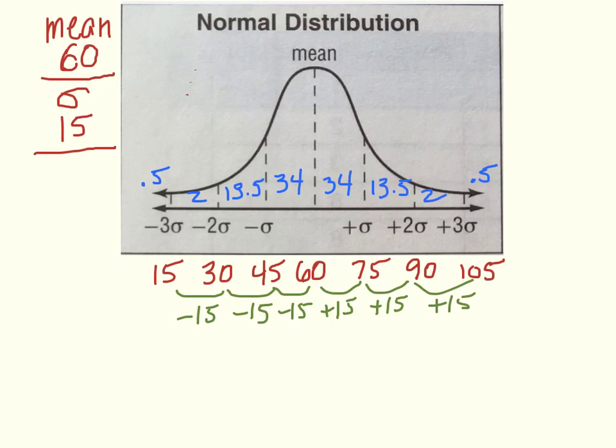So we could say that 68% of the data falls within one standard deviation of the mean on either side of the mean. 95% of the data falls between two standard deviations above and two standard deviations below the mean. 99% of the data falls between three standard deviations above and three standard deviations below, which means that 99% of the data falls between 15 and 105. 95% of the data falls between 30 and 90.